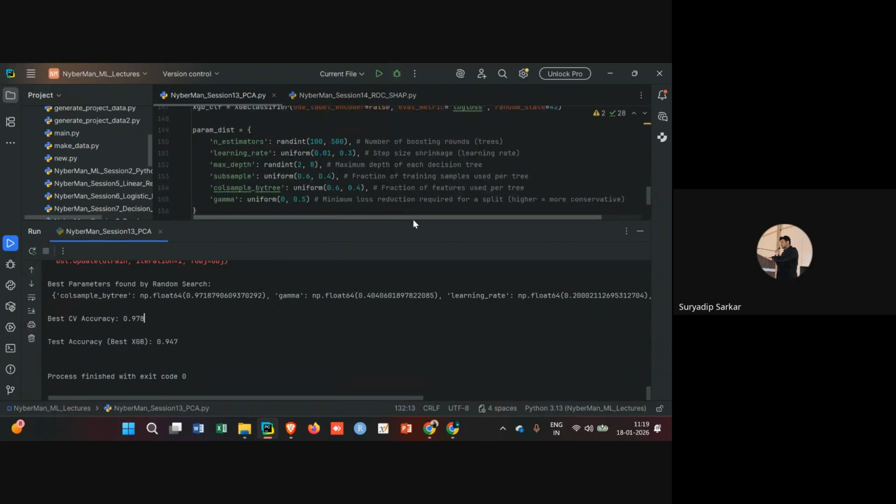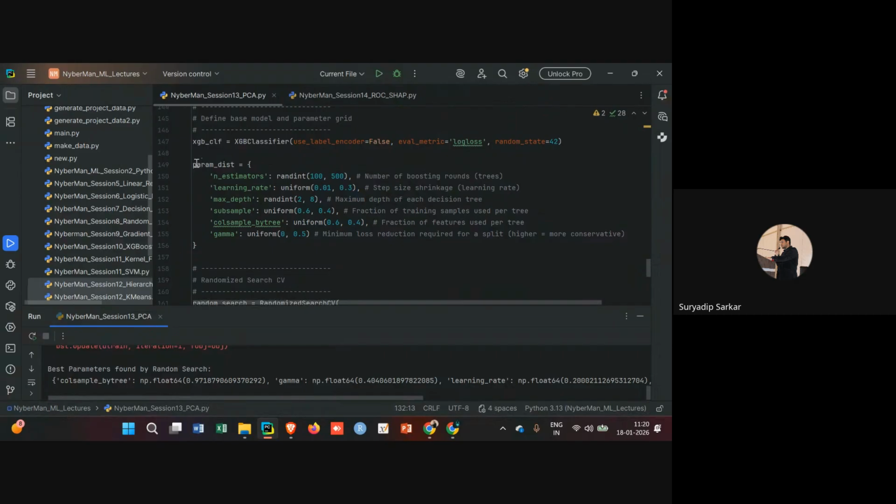One thing that I want to show you guys here is that I have defined the parameter dictionary differently than what we have seen earlier. Here, I have defined it not using discrete values, rather I am using these functions.